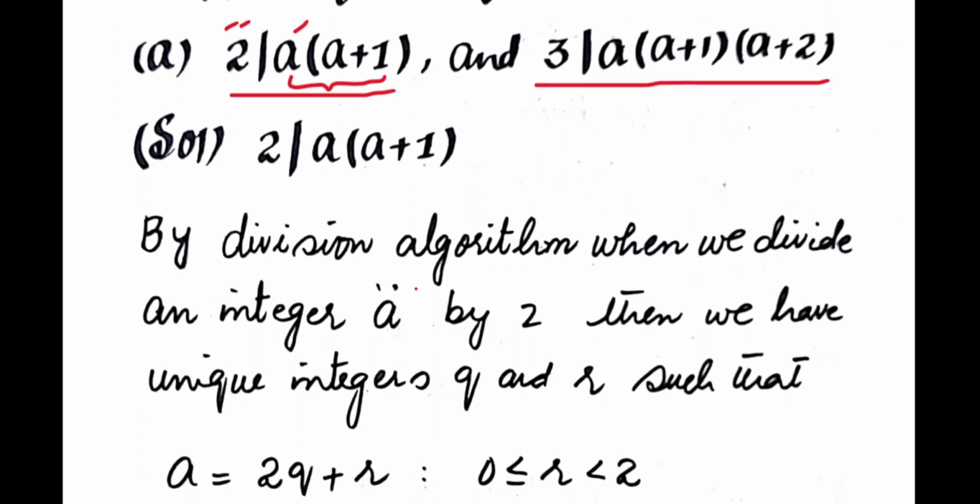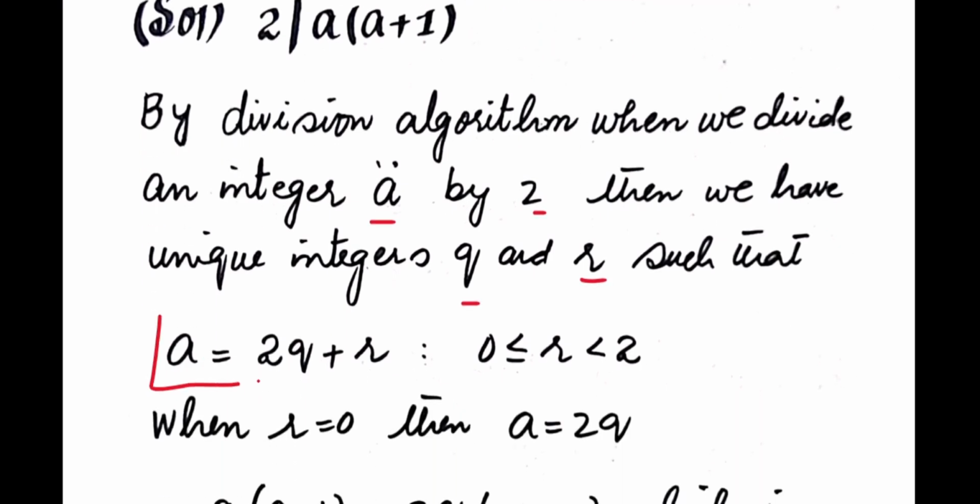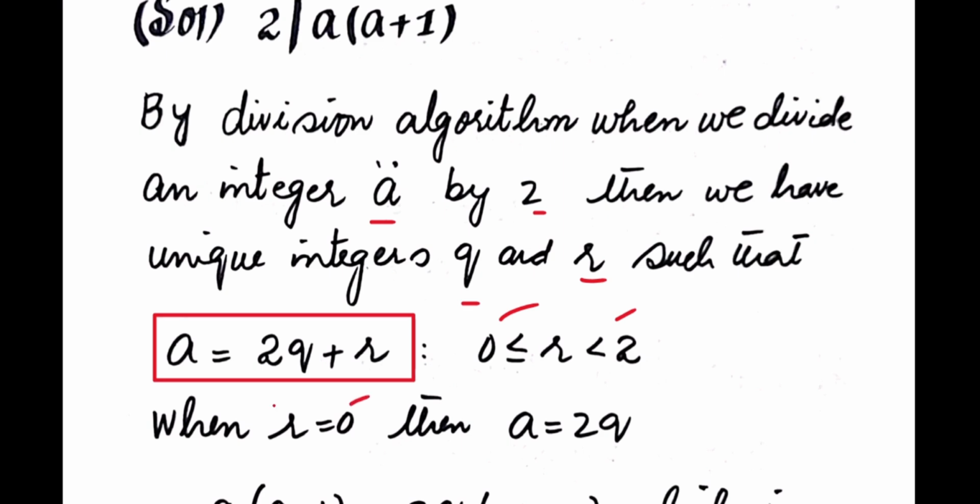By division algorithm, when we divide an integer a by 2, then we have unique integers q and r such that we can write a is equal to 2q plus r. This is the definition of division algorithm, where your remainder r lies between 0 and 2. If remainder r is 0, then a is equal to 2q.